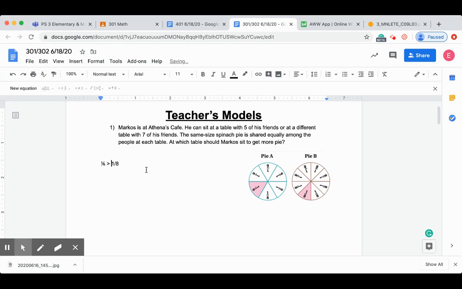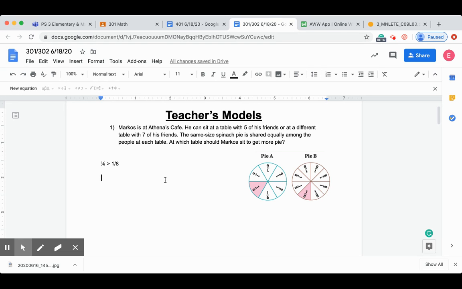And the way that we are able to also tell that is by thinking about what our denominator represents. So our numerator is the same, so we know he's getting 1 either way. But when you look at the denominators, when the numerator is the same, you'll always look at the denominator for the answer. The fraction that has the smaller denominator will give you a larger piece, because again, our denominator tells us how many equal parts there are.